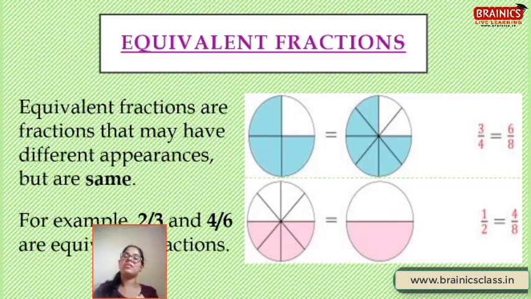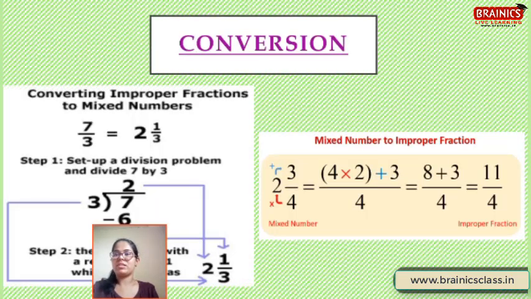And second circle is divided into 2 equal parts and 1 part is shaded. So first circle's fraction will be 4 upon 8 and second circle's fraction 1 upon 2. When we simplify 4 upon 8, we are going to get 1 upon 2. So both the fractions are equal. These are called equivalent fractions.